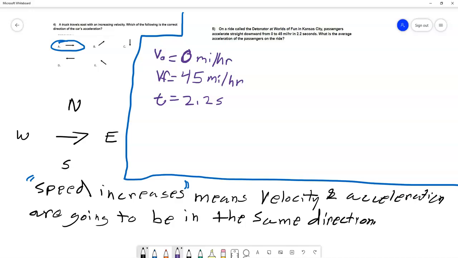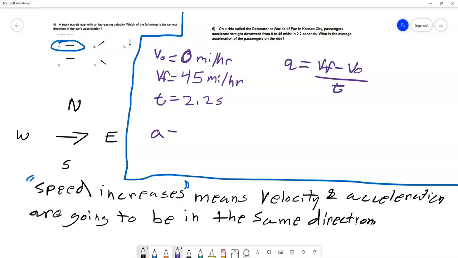Well, what do we know? Our formula is A equals V final minus V naught, or V initial, same thing, over the time. So all we're going to do is plug and play.